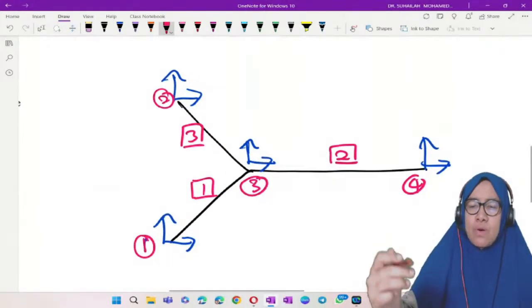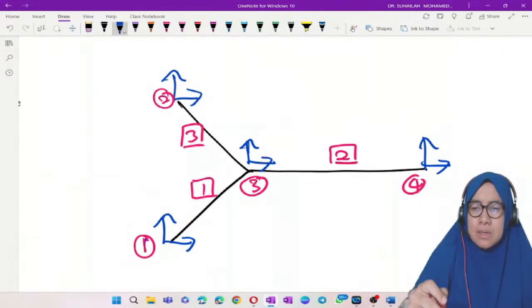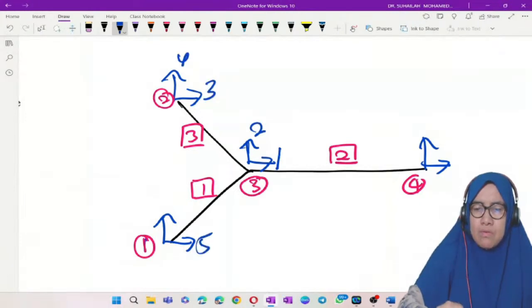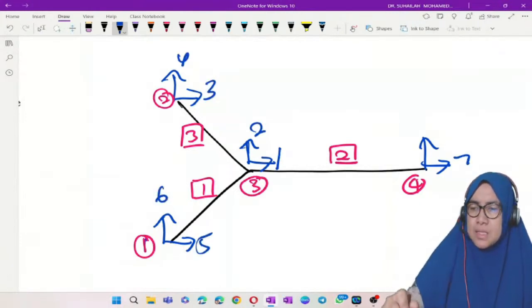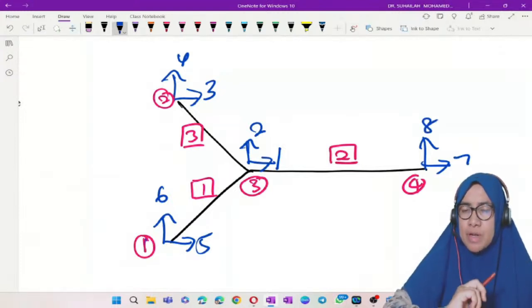So for the degree of freedom labels, it is 1, 2, 3, 4, 5, 6, 7, 8. Okay, that is for the degree of freedom labels.